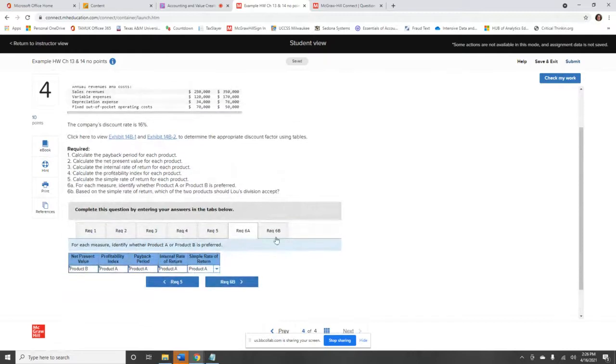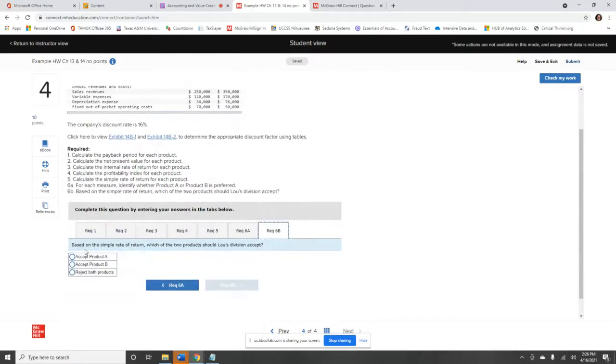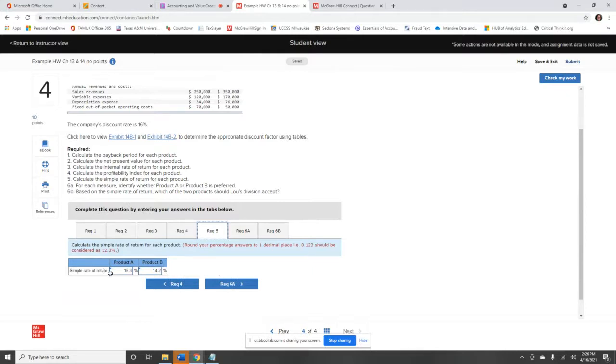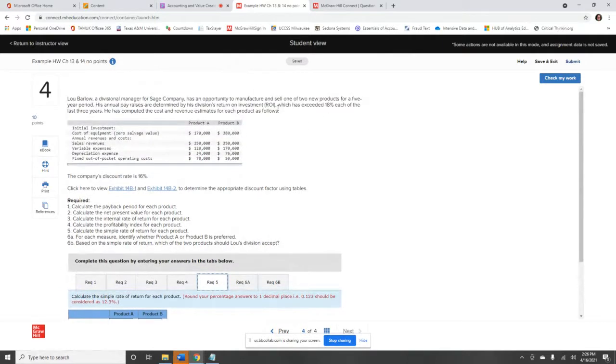So finally, the question here, based on the simple rate of return, which of the two products should Lou's division accept? So simple rate of return says product A, right? And when we did that, yeah, it's higher. But don't let this trip you up. Look up here. Lou is the division manager.